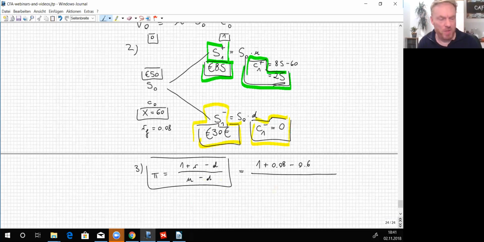The up factor is 1.7, but the down factor is 0.6. That's a bit difficult. This gives us the number 0.436363 and so on and so on.